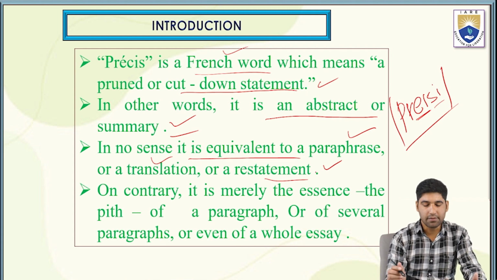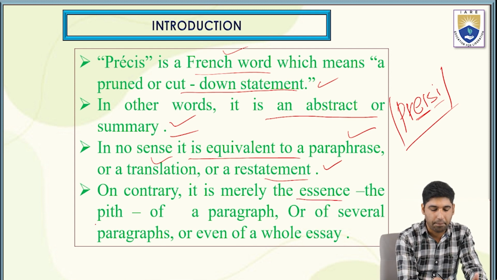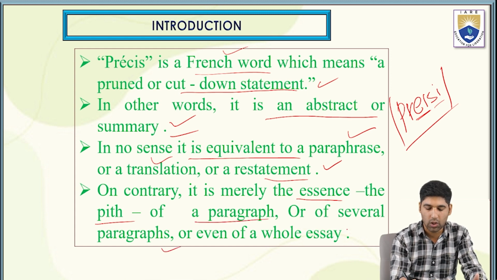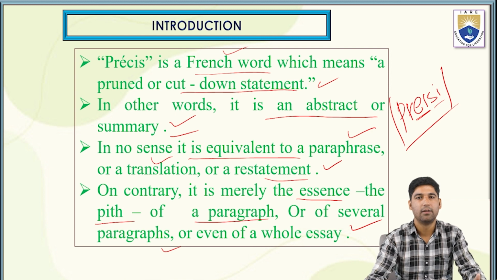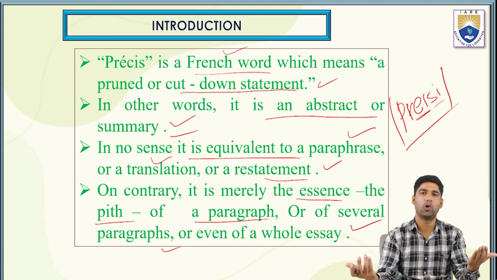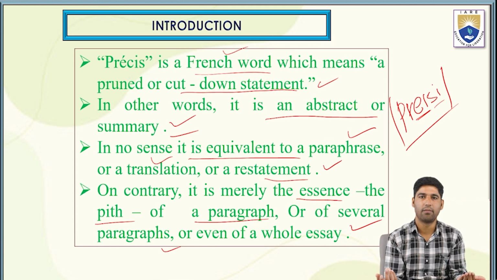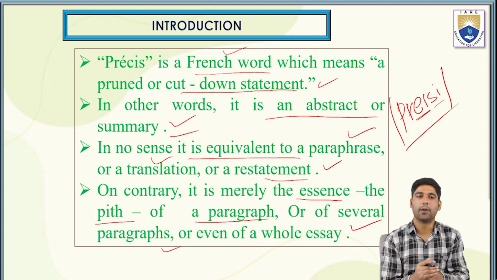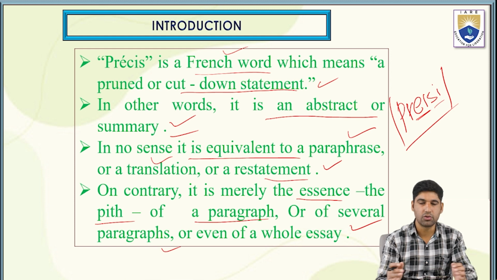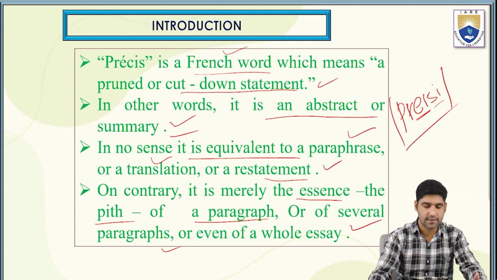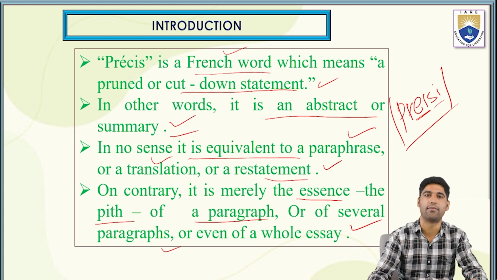It is merely the essence, the pith of a paragraph or of several paragraphs or even of a whole essay. So it is the gist, the crux of a paragraph, or sometimes of more than one paragraph, or sometimes of a whole story. If you are writing the Precis of a whole story, it's not mandatory that Precis is meant for only a single paragraph.